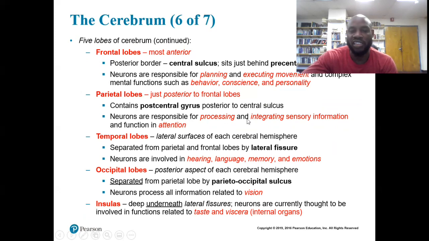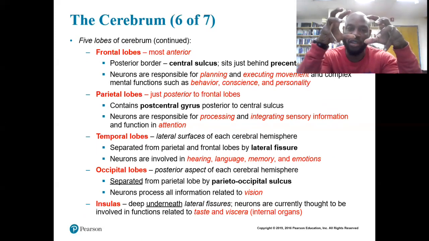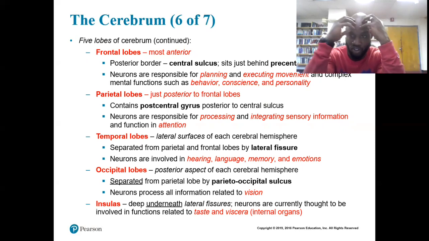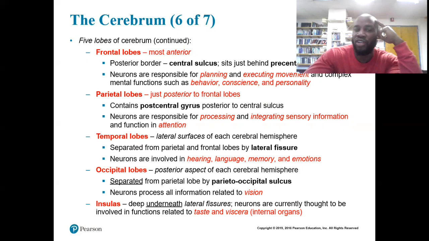Neurons responsible for processing and integrating sensory information, also functions in attention. Notice the different parts of the brain work in very specific areas. And notice even when we say frontal lobe, we're talking about both sides of the brain, the left and right hemispheres. So when you think of the lobe, don't just think of one side of the brain. The frontal lobe is both sides of the front, the anterior portion of the brain.